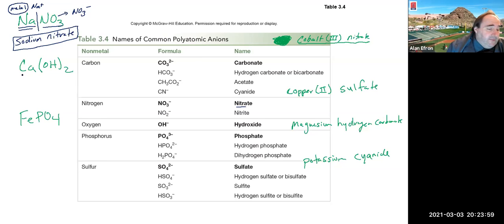Again, looking at the next one, we have Ca, which is calcium, also a metal, which means it's probably important. Inside the parentheses here, we have OH, which hopefully you will recognize when you learn these guys, that OH is OH minus, which is hydroxide, which is a polyatomic ion. We know that calcium is group 2, which means it has a +2 charge and is type 1, which means we simply need to use the whole name of that metal. No Roman numerals needed for it because it's calcium.